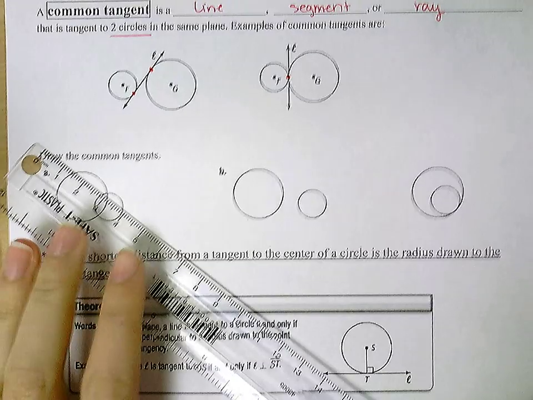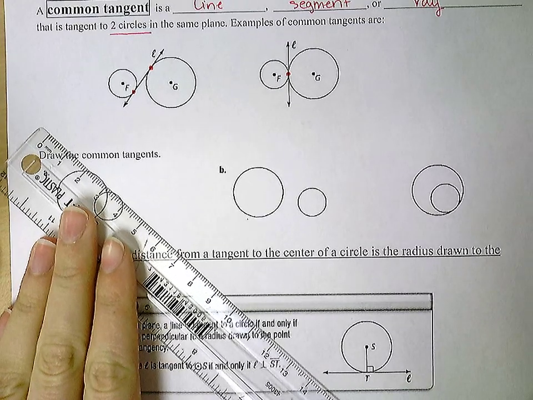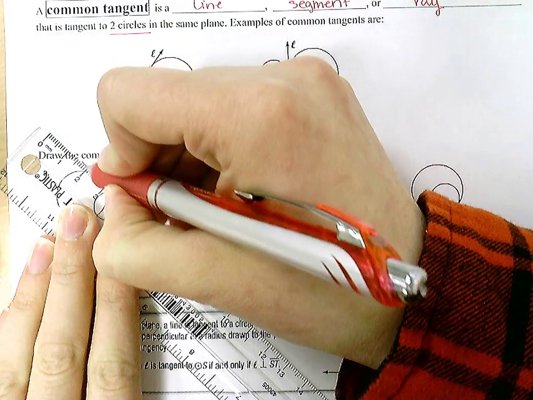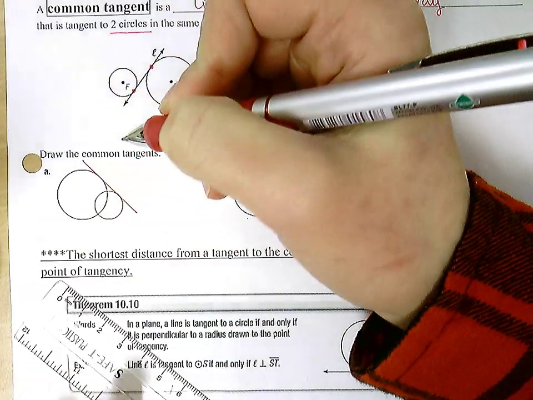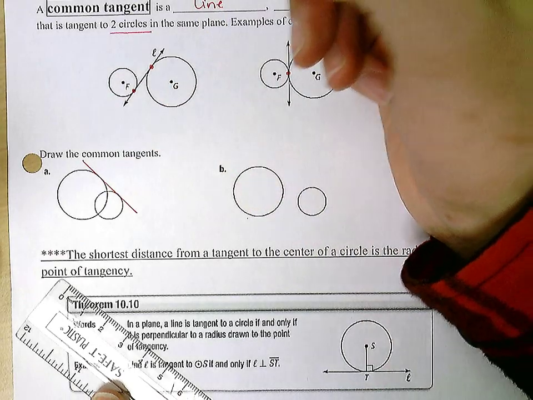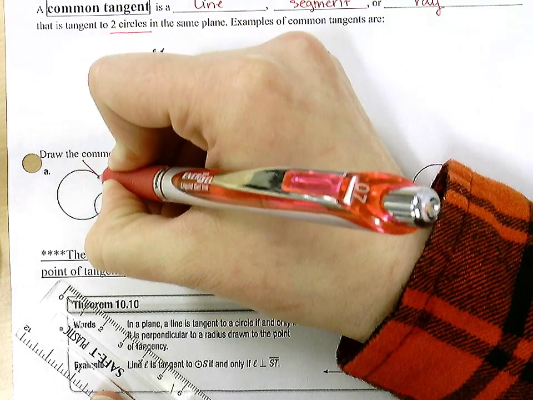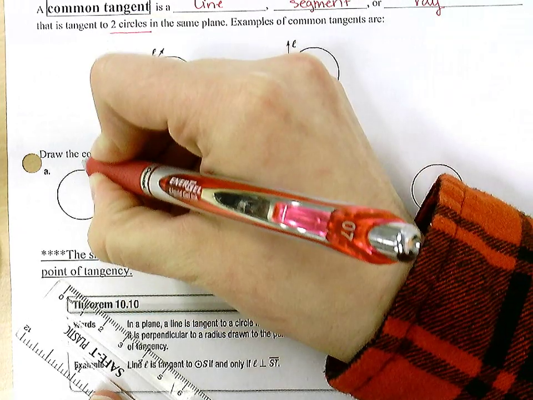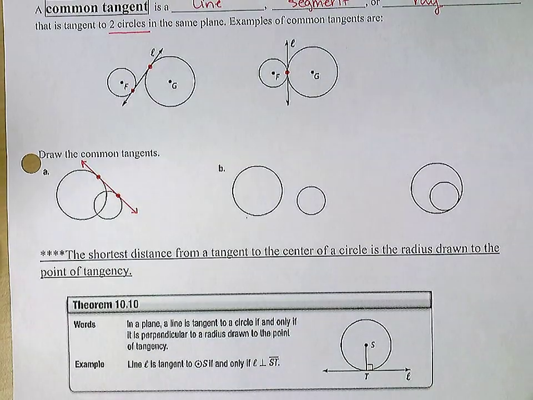One, I could put my ruler this way. So I can draw in a straight line that hits both of those circles in one point. So that would be one common tangent.